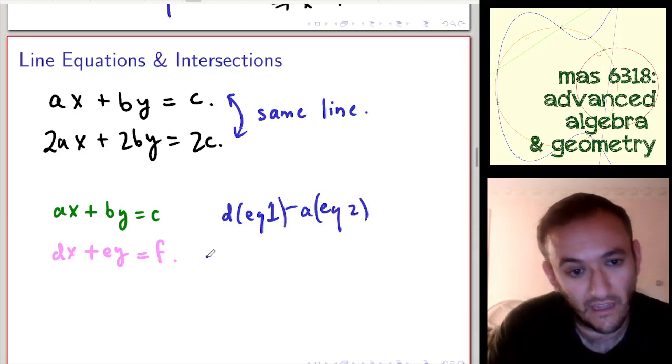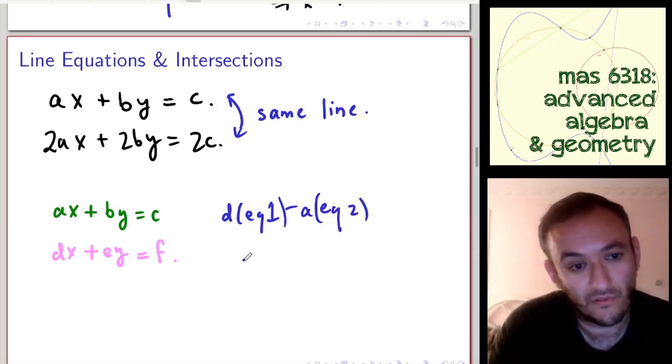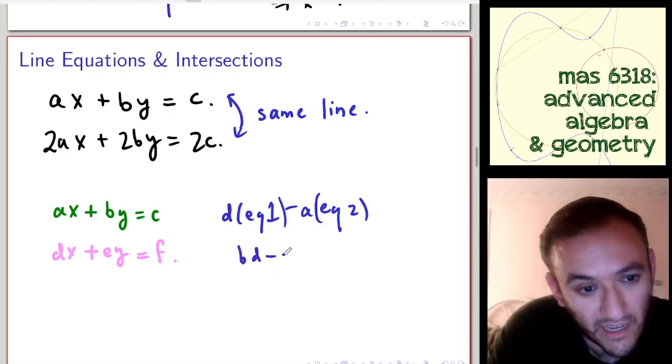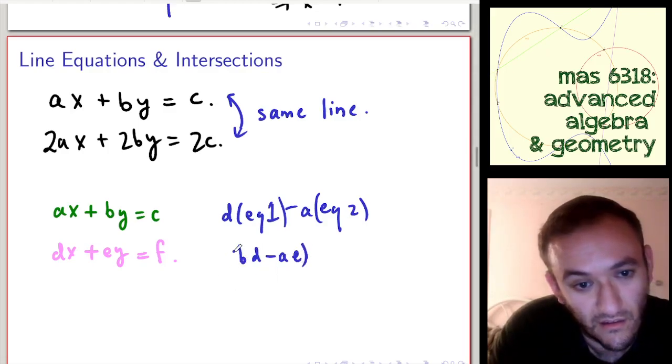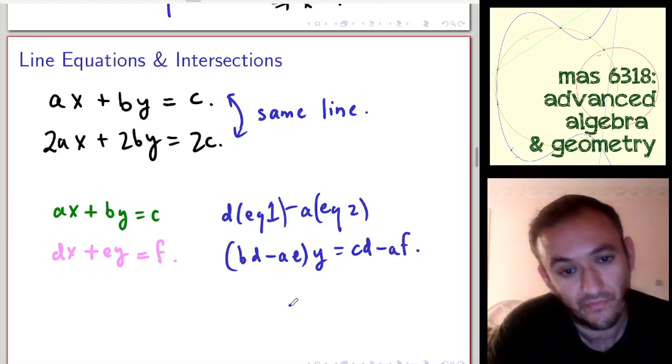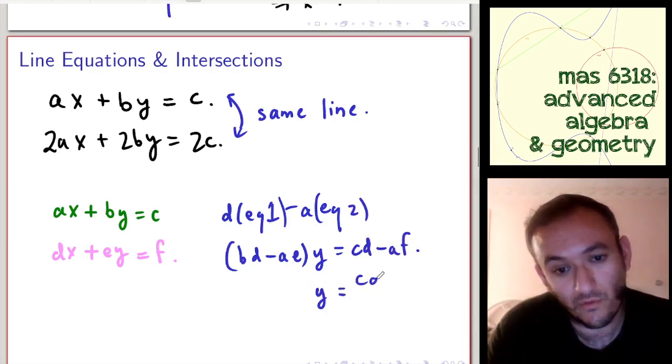Okay, so what do we get? We have (bd minus ae) y equals cd minus af. Okay, and specifically, y equals (cd minus af) divided by (bd minus ae).